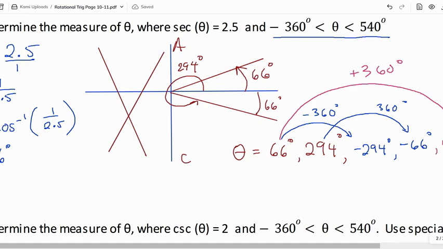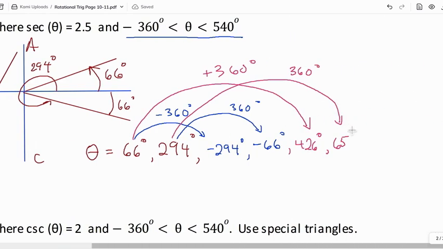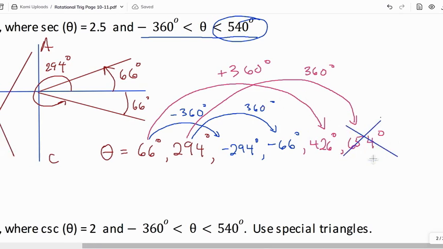I get 426. That works. And what happens when I add 360 to the other first one? 294 plus 360. Ooh, that's 654 degrees. Does that one get included? No, because I can only go up to 540. So this one is not included.